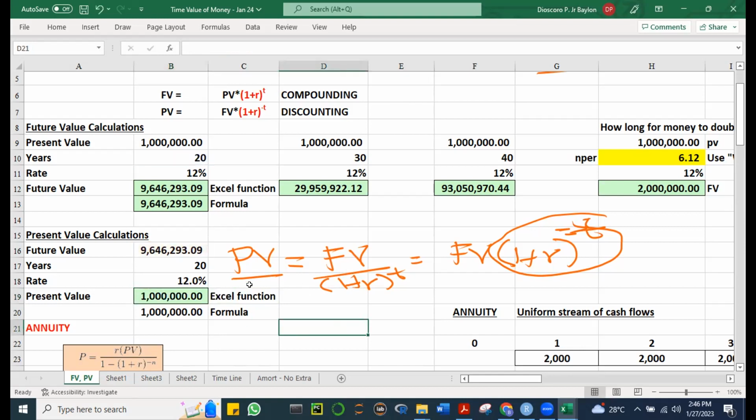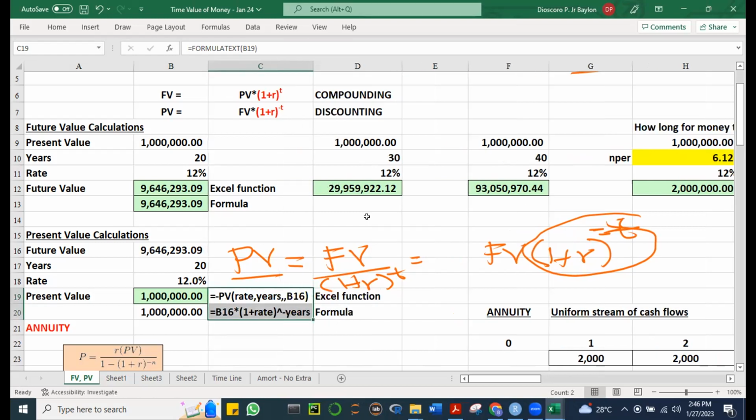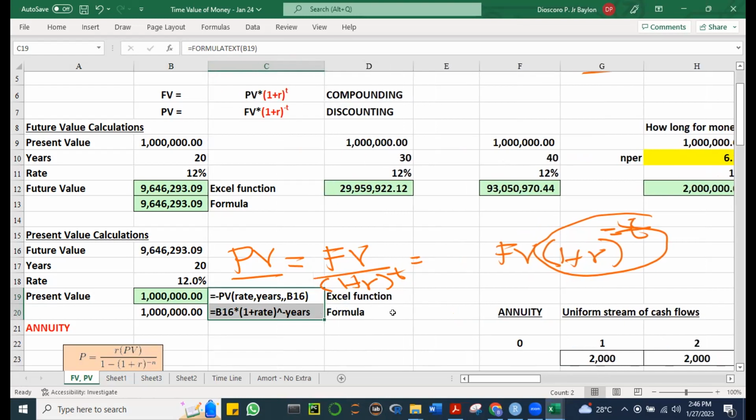Let me show the formula so that you can see what formula we used.